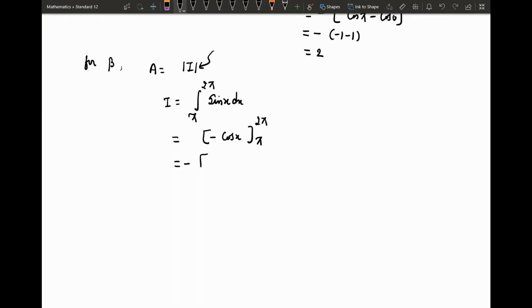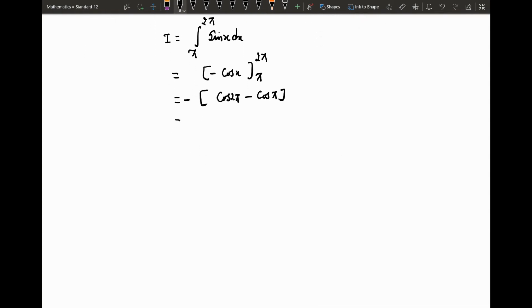First we take minus common, cos 2 pi minus, put the lower limit cos pi. Cos 2 pi is plus 1, cos pi is minus 1, so minus minus plus, so this is minus 2, but area is positive. So mod I equal to mod of minus 2, that is 2 square unit.